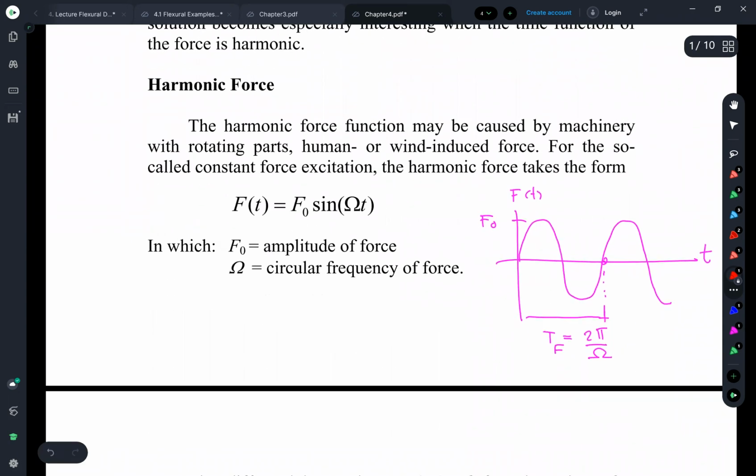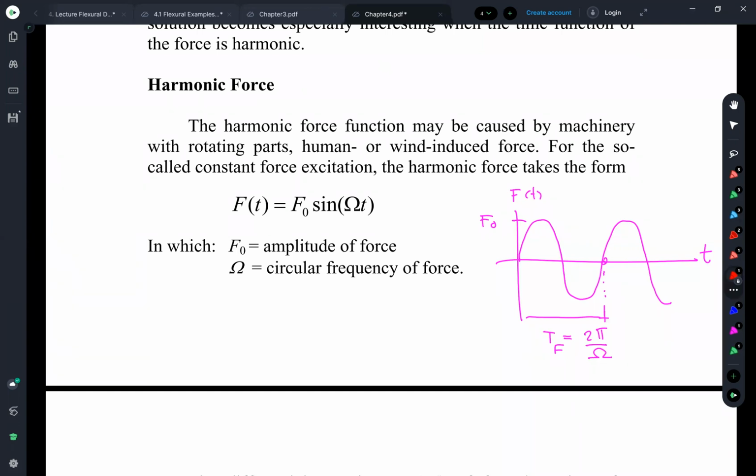Okay, so we will look at equation 26, but before we try to solve it, let's define the harmonic force together. The harmonic force is the force that mathematically contains a sine or cosine term.